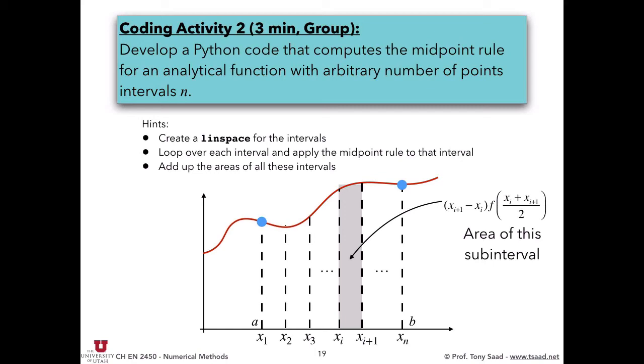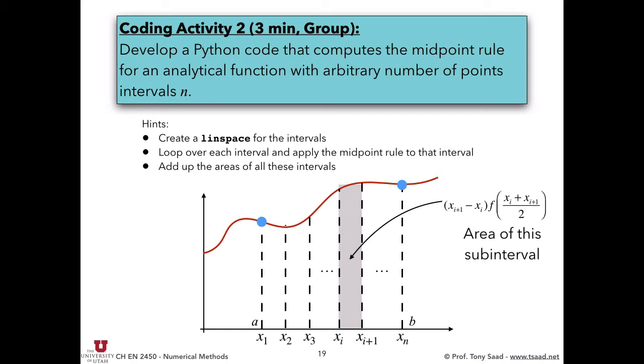So here's what I'm going to do now. We said we want to divide the A to B interval into segments, n segments, all right? Once we have those n segments, what we need is the x values for those segments. And that's done in one shot with linspace.